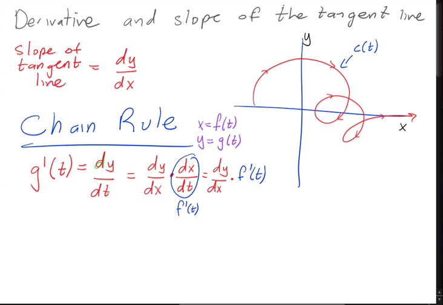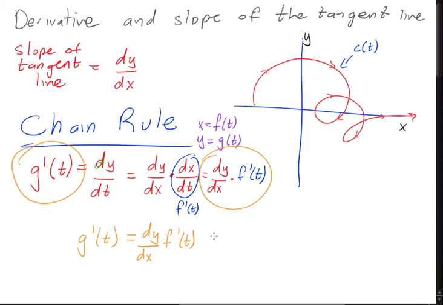Okay, so notice, let's combine these last two. If I put those together, g prime of t is equal to dy over dx times f prime of t. So that means that dy over dx is equal to g prime of t over f prime of t, right?